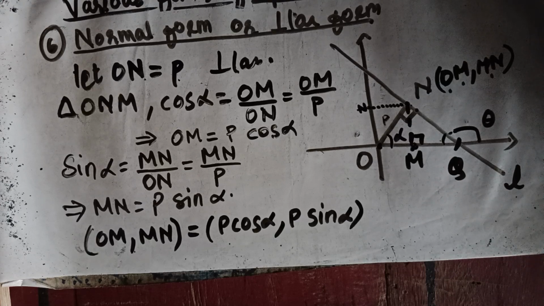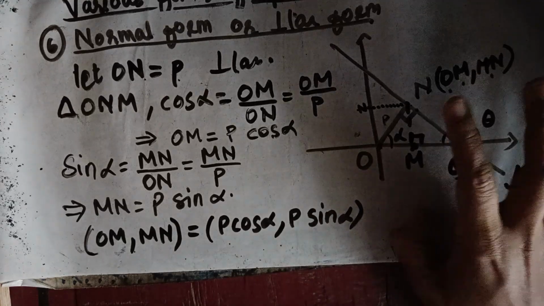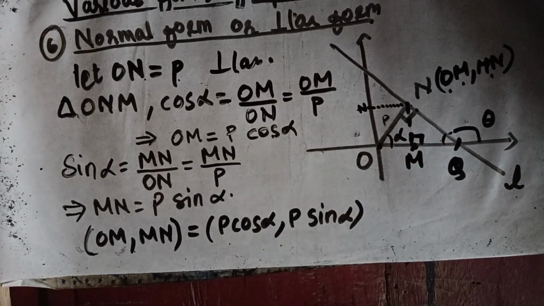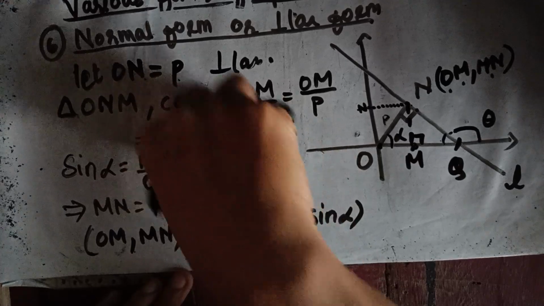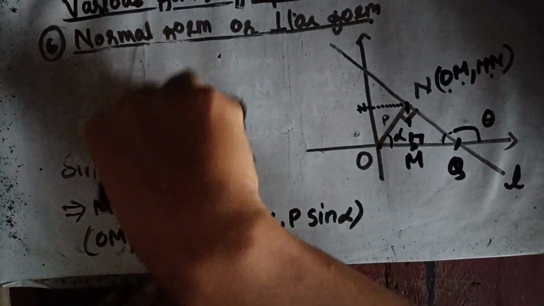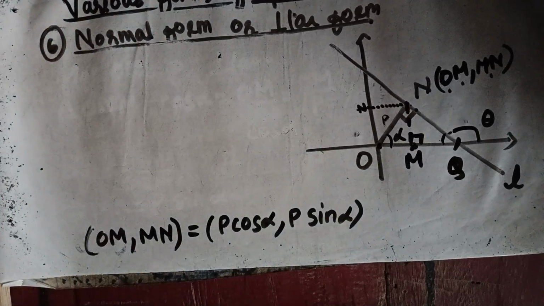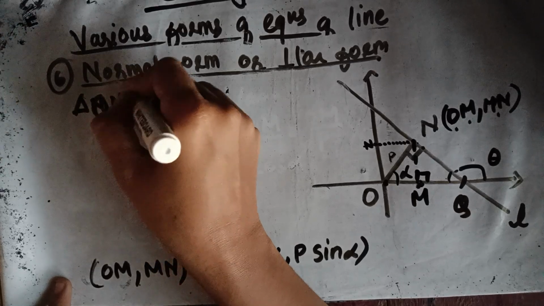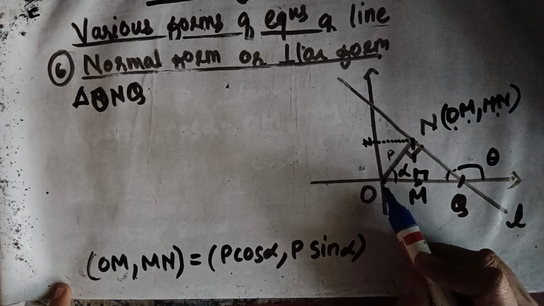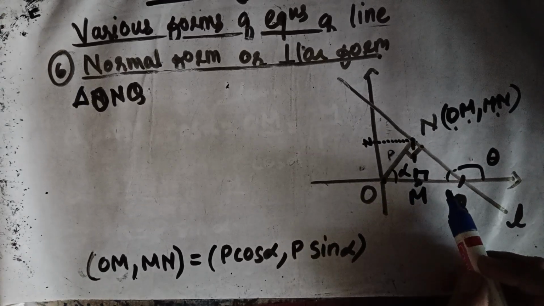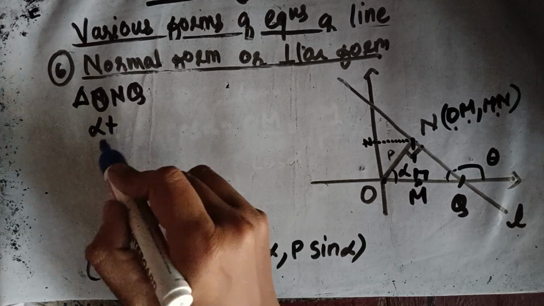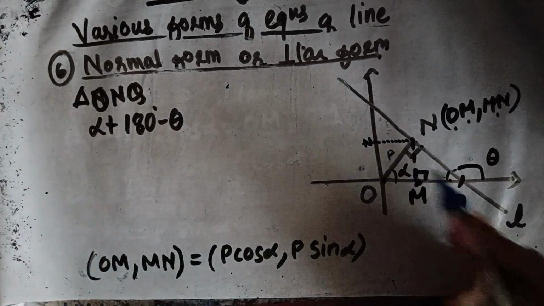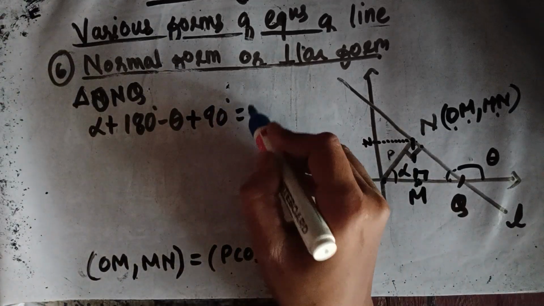Now consider triangle ONQ. Okay. That is also a 90-degree triangle. So here I am applying the triangle sum property. So alpha plus this angle, that is 180 minus theta, plus 90 is equal to 180.